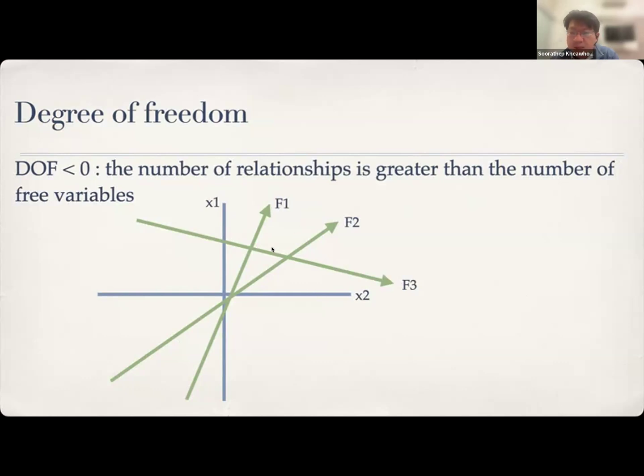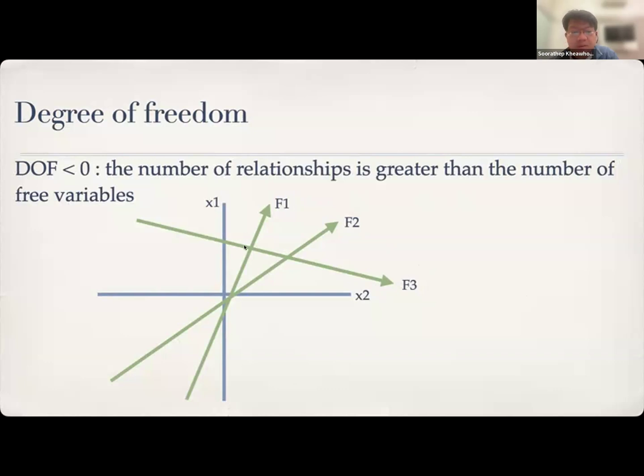If we want to satisfy f1, f2, and f3, and all of these are equality constraints, we need a point that satisfies f1 and at the same time f2 and f3. You cannot have such a point, right?